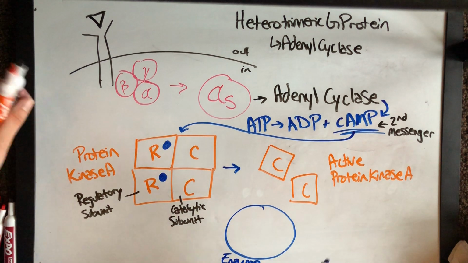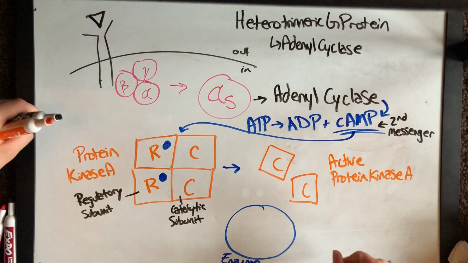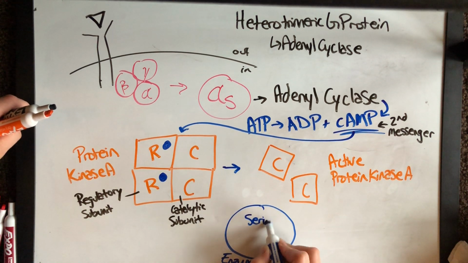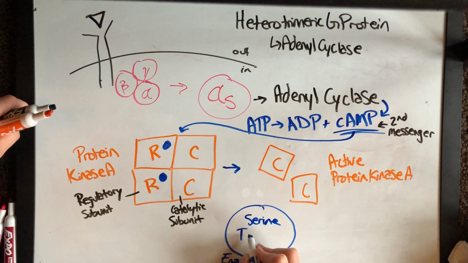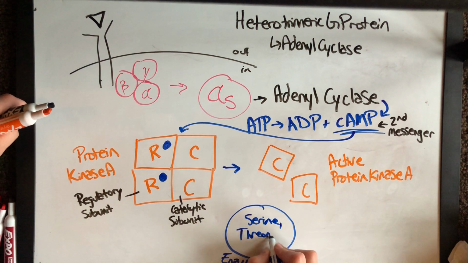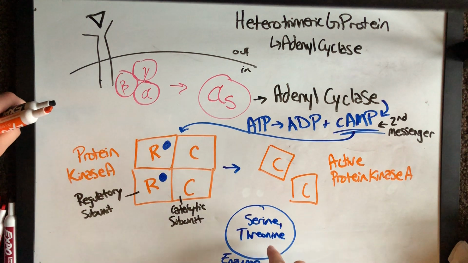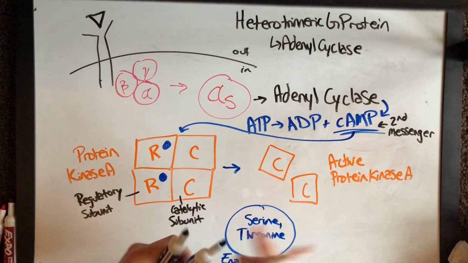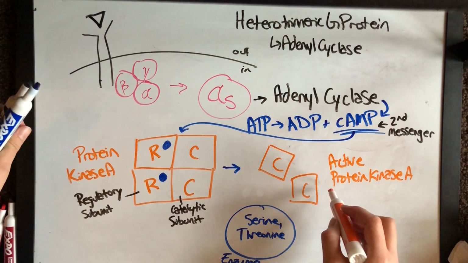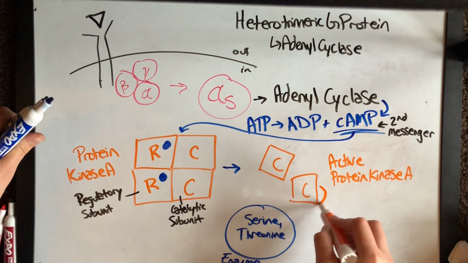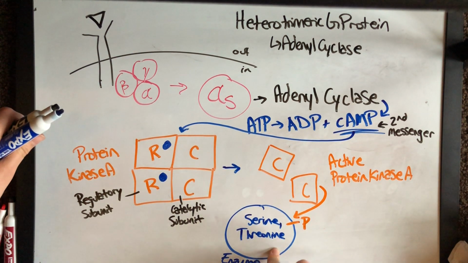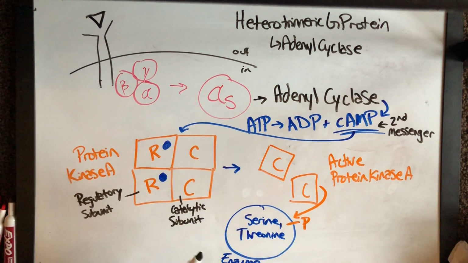And it's going to have inside of it serine and threonine, which are 2 amino acids. I mean, it has a lot of amino acids, but we're specifically going to be working with serine and threonine here in this enzyme's structure. So our active protein kinase A is a kinase, so it's going to come and add a phosphate to those serine and threonine amino acids in the enzyme structure.